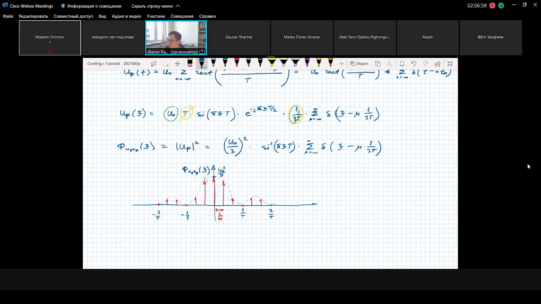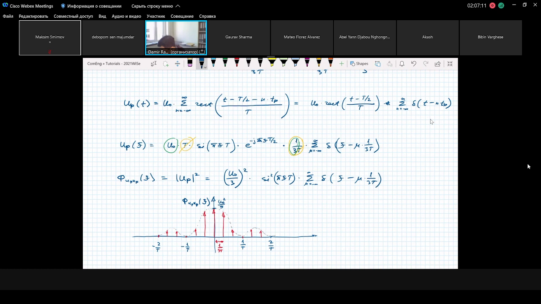Can you explain 1 over 3T in the Fourier transform? Yes, of course. I think you're talking about this part.